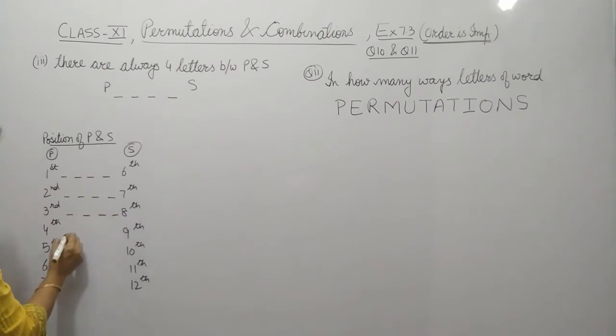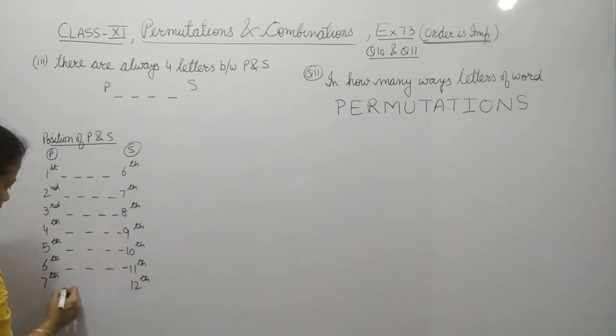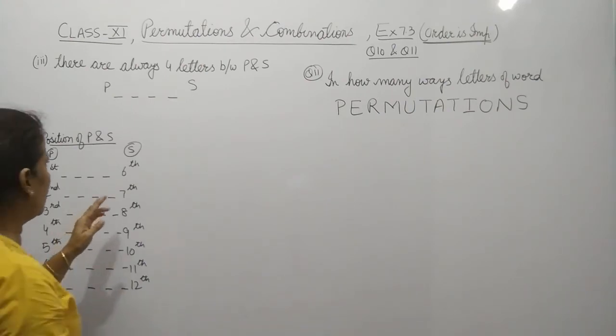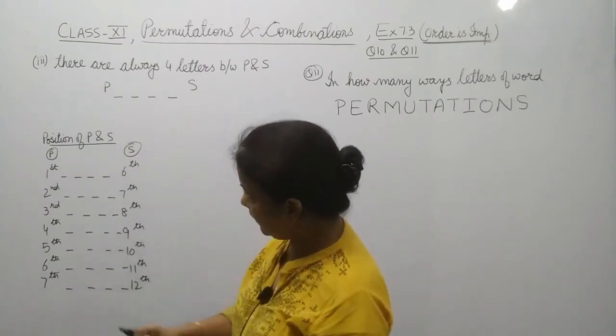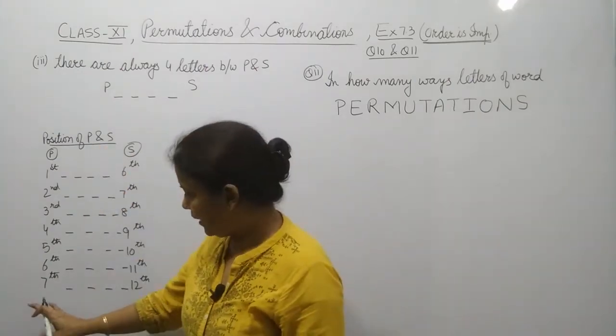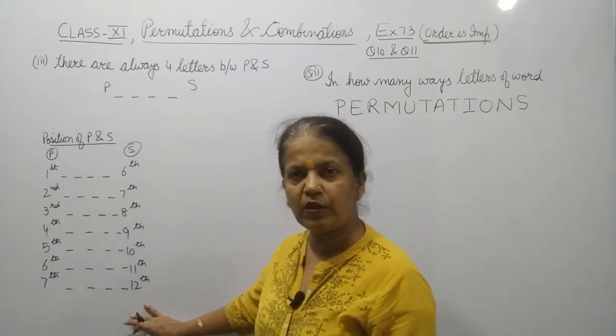So what have we observed here? These are the positions with 4 letters between P and S. If P is at the 7th place, then S will be at the 12th place. Now tell me, should we go for the 8th place and the 13th place?